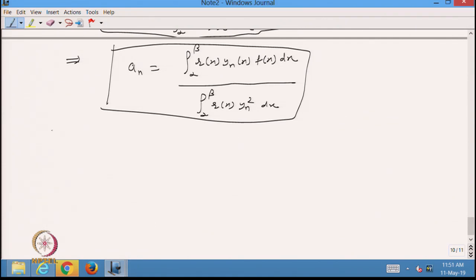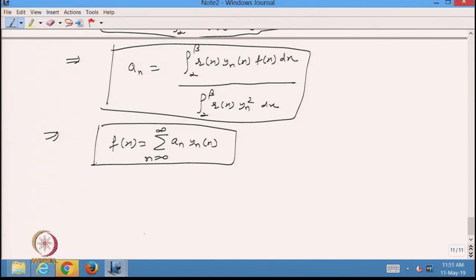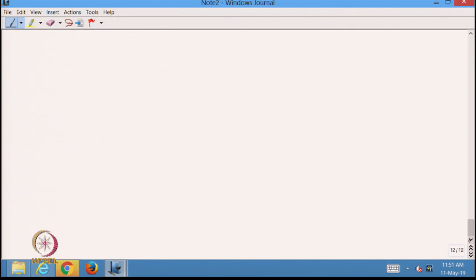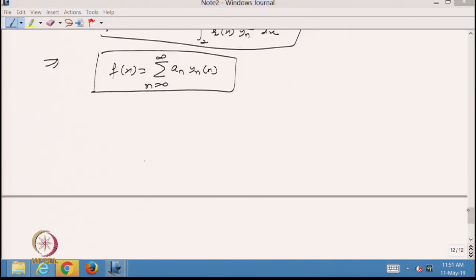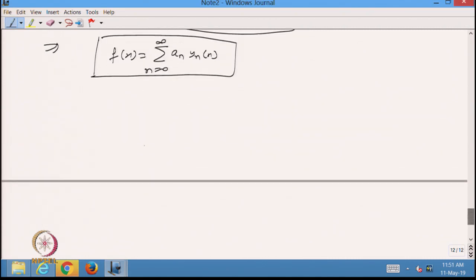So, by this way we are able to find all the values of an, and then I am able to write the function f x as summation n from 0 to infinity an yn x. So, this is the concept we are doing here.